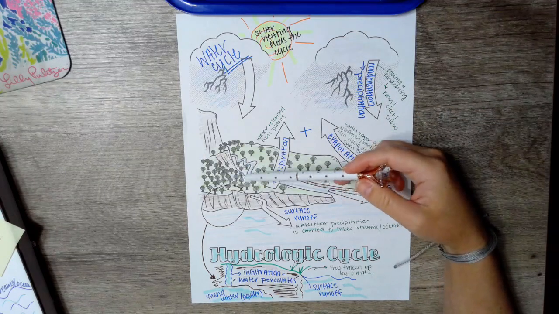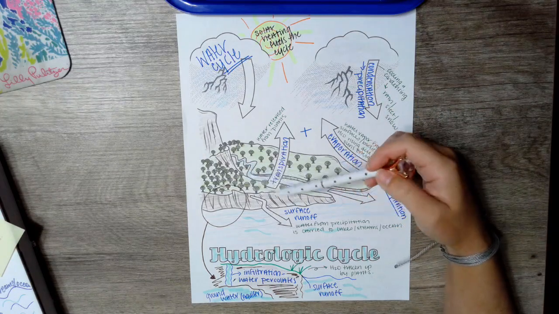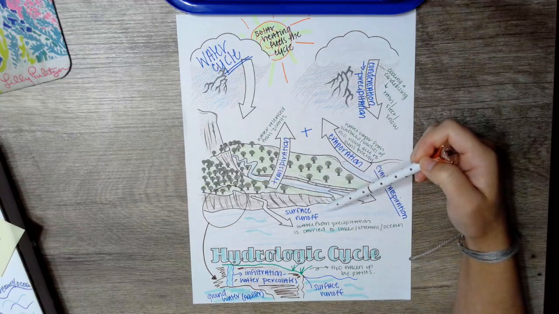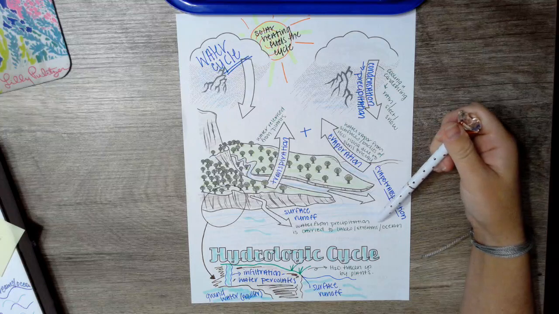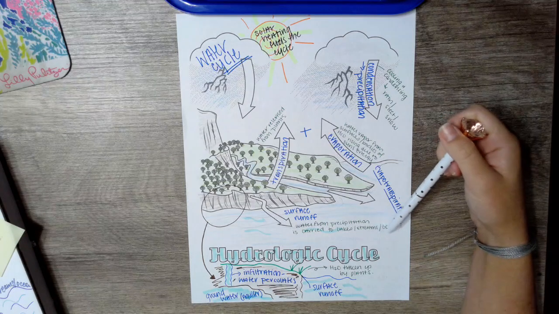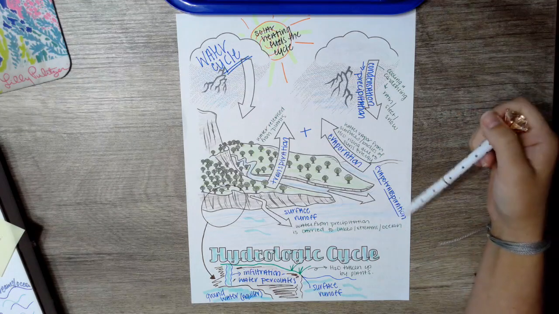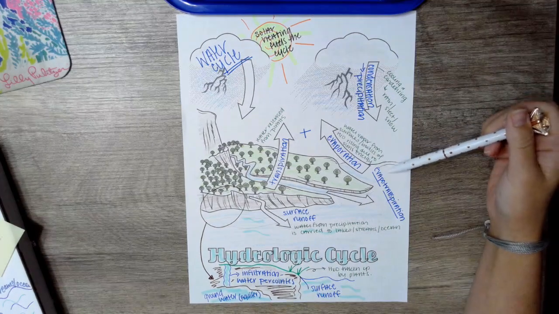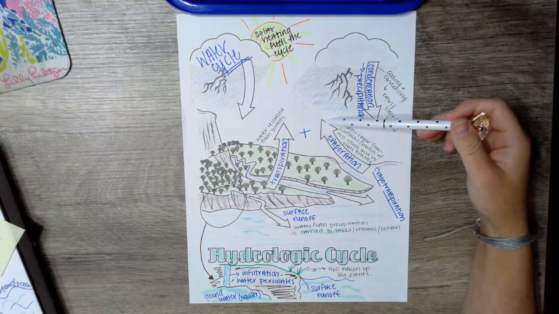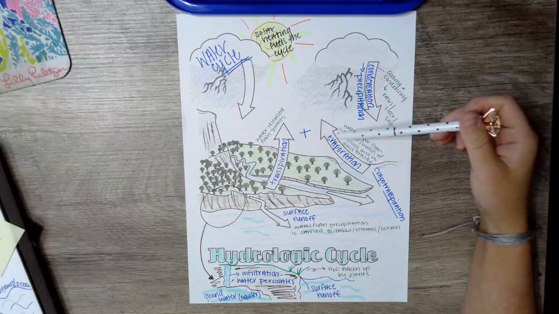When there's a lot of rain, some of the water will run off as surface runoff. The water from precipitation is going to be carried to lakes, streams, and oceans. At this point, that water vapor from the surfaces or bodies of water is going to also rise due to the energy from the sun, and this is called evaporation.